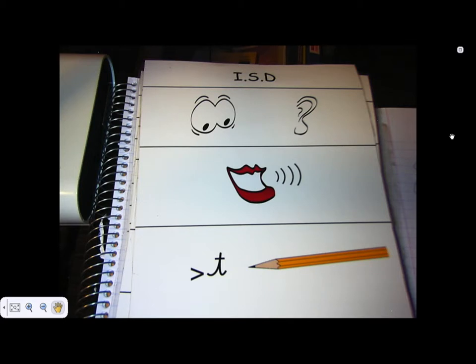Echo, name, write. L, echo, name, write. Sh, echo the sound. Name, tell me what you're going to write. Then write it. Echo, name, write. You should have 2 things written with that one.